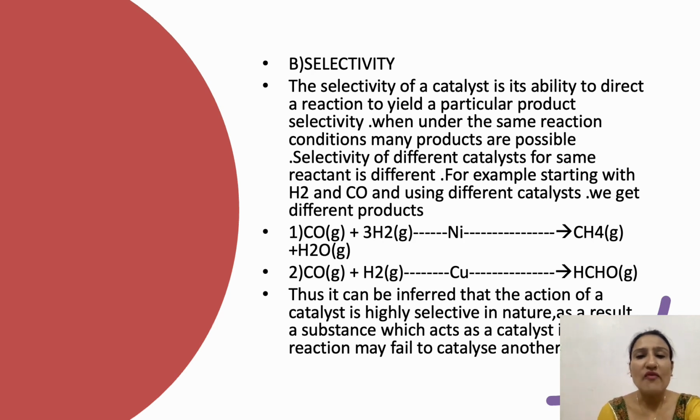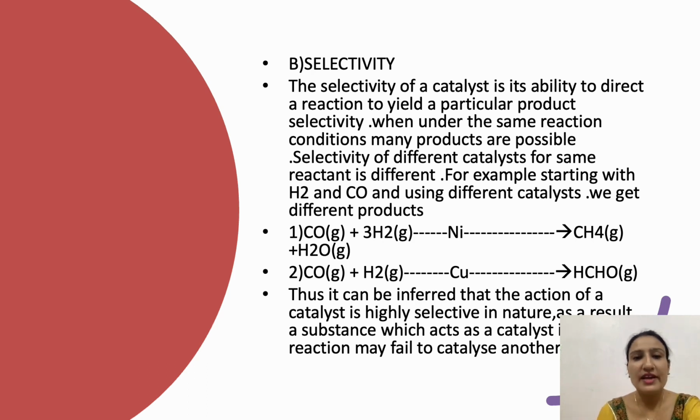The selectivity of a catalyst is its ability to direct a reaction to yield a particular product selectively. When, under the same reaction conditions, many products are possible, the selectivity of different catalysts for the same reactant is different. For example, starting with dihydrogen and carbon monoxide and using different catalysts, we get different products.